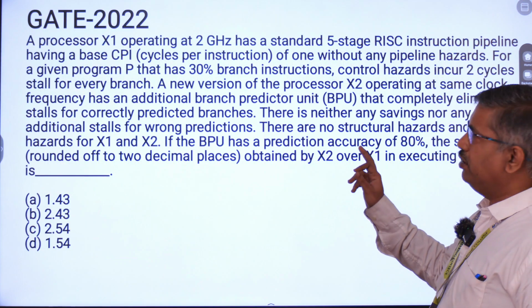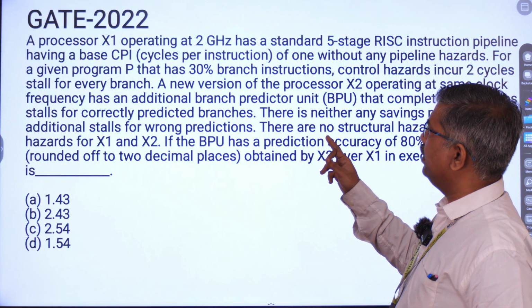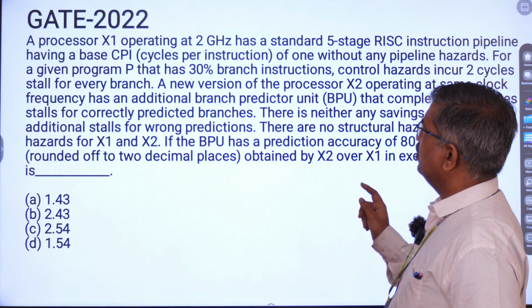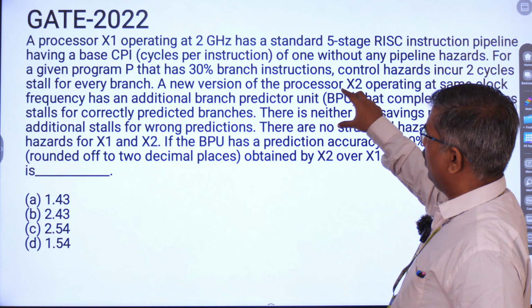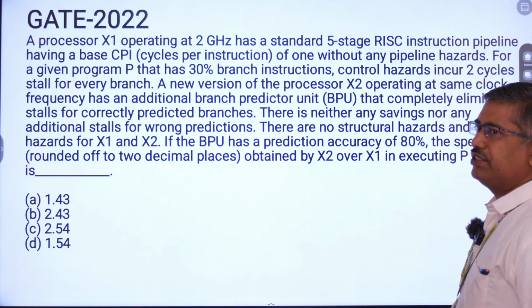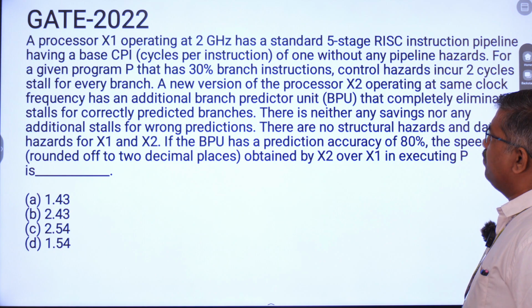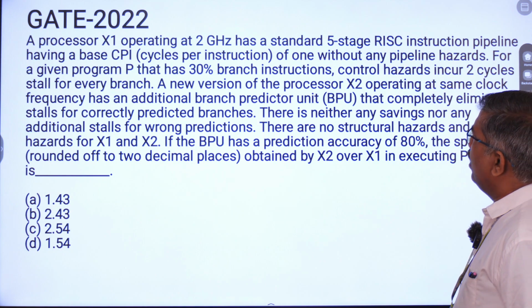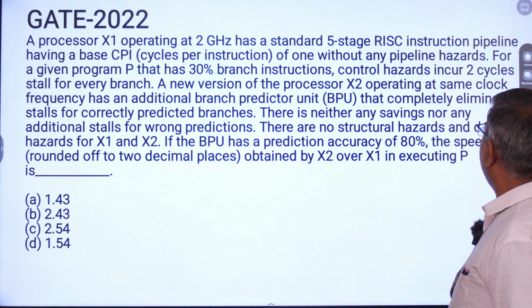So next question. This was asked in the year 2022. First, let me read out the question. The processor X1 operating at 2 GHz has a standard 5-stage RISC instruction pipeline having the base CPI of one without any pipeline hazards.